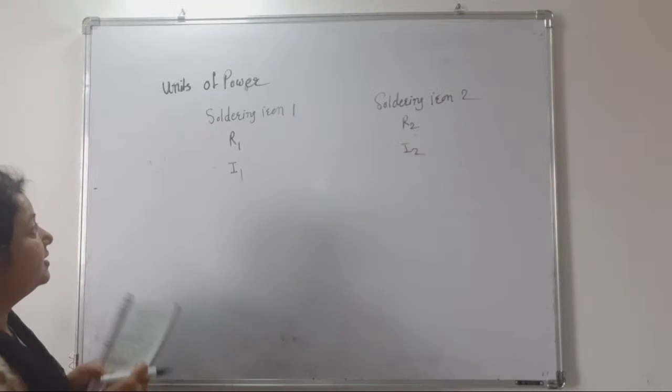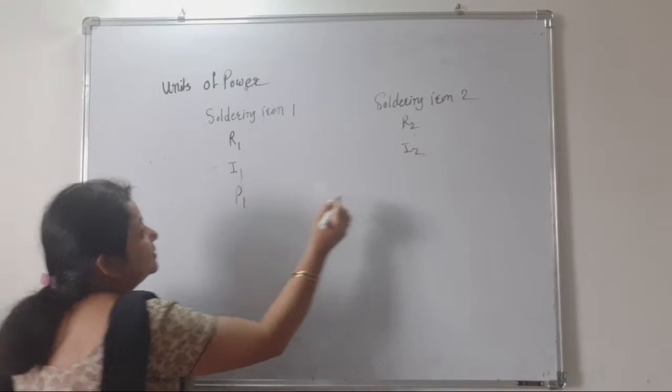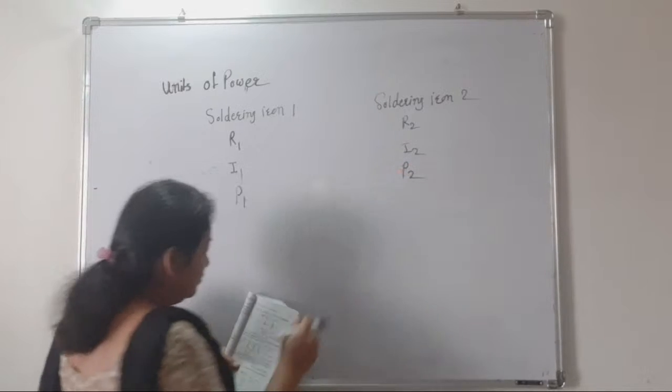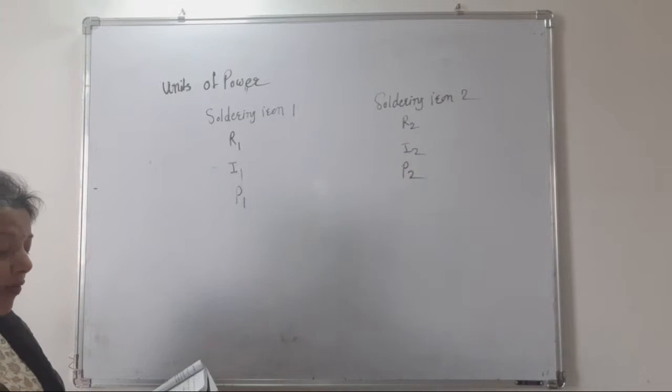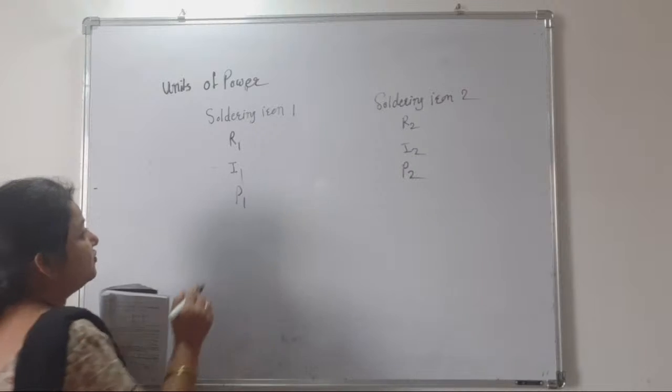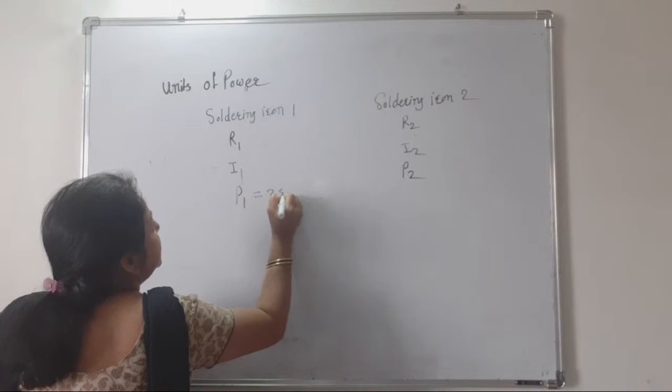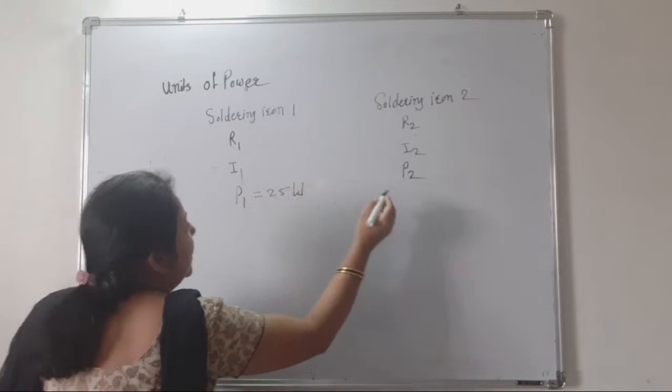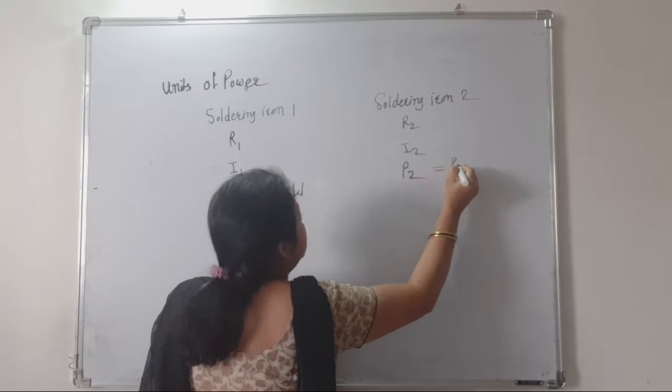Power rating, here P1, here your P2. What is the first line? That the power rating of the soldering iron is 25 watt. It is given 25 watt and you are asked to calculate P2.